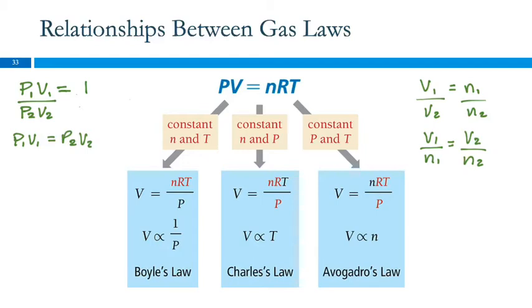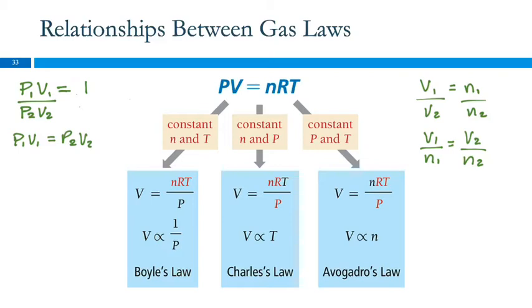So all you really have to memorize is the ideal gas law, and you can quickly derive the other ones in this manner. Now, I'm not going to require that you do that. I believe on the exam I will give you all of the individual simple gas laws as well.